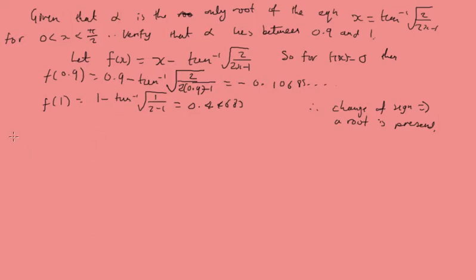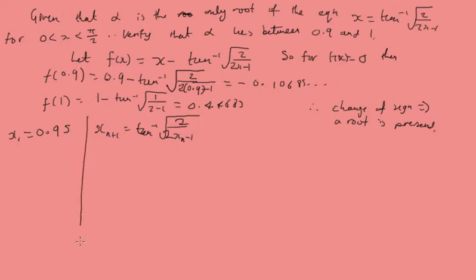So if it lies between 0.9 and 1, we're going to let x1 be 0.95. And x(n+1) is going to be tan to the minus 1 of 2 over 2x_n minus 1.